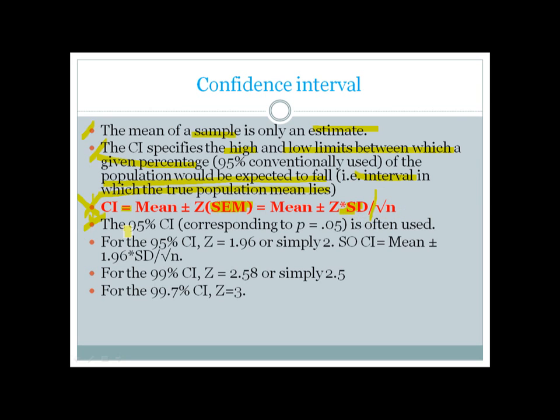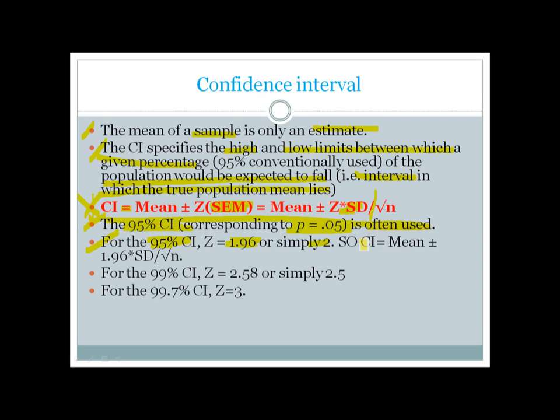And the 95% confidence interval actually corresponds to a p-value of 0.05. Very important to note. And it is actually the most commonly used value in medical research. For the 95% confidence interval, the z-score is taken at a point of 1.96 or simply 2.